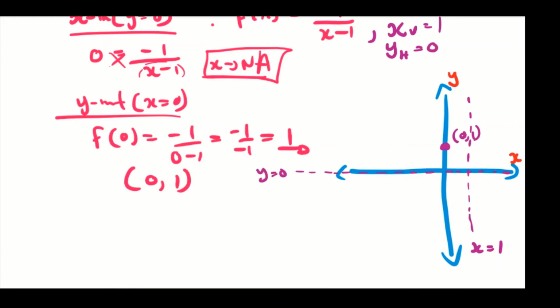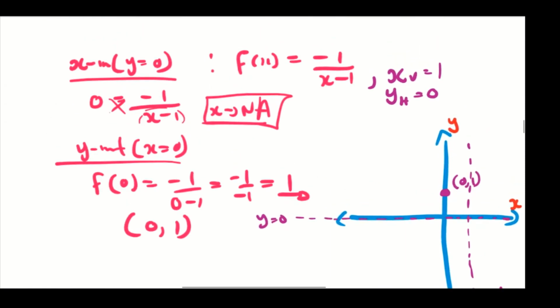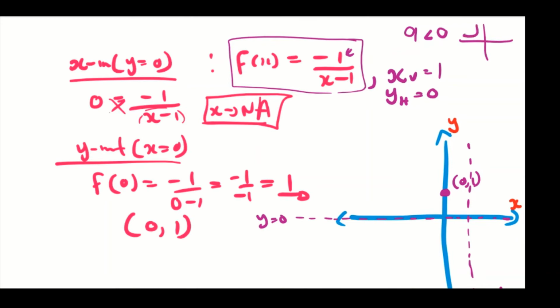Our vertical asymptote is x equals 1 and our horizontal asymptote is y equals 0. So we identify the vertical asymptote here, x equals 1, and the horizontal asymptote passes through here at y equals 0. To identify whether the graph is in the first and third quadrants or the second and fourth quadrants, we must look at the value of a. In this case, a is less than 0, meaning the function is going to be in the second and fourth quadrants.